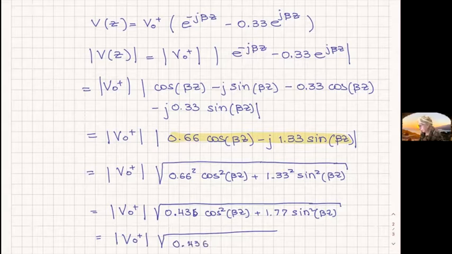I take that part out of the sine squared and make it equal to 1 plus, and then if I take 1.77 minus 0.436, that becomes plus 1.3 sine squared of beta z. That's a simpler one, definitely.